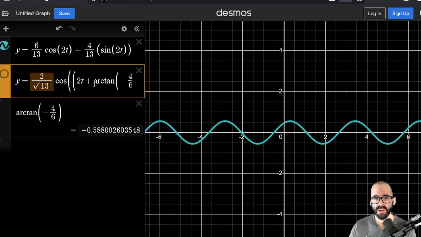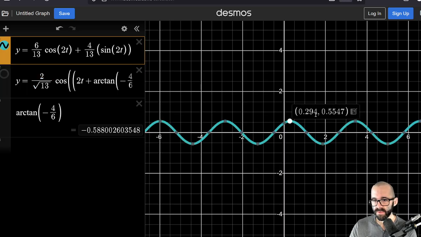Oh, this is a cosine function shifted a certain amount. And we can find out exactly how much left or right this cosine function shifted. From the graph, we can see it shifted right about 0.3, which is about half of this arctangent. But anyway, we'll talk about where this arctangent comes from. Don't worry, there's very minimal trig. It's not that much trig that's coming. Yeah, that's some cool stuff.